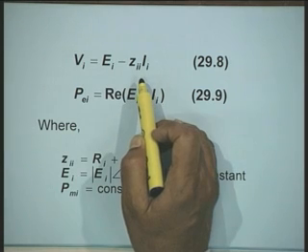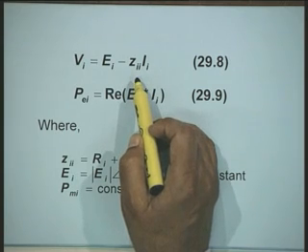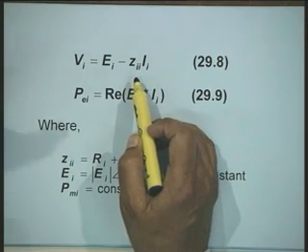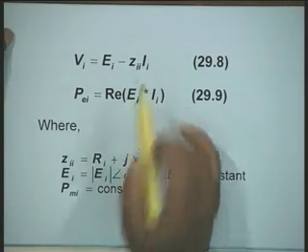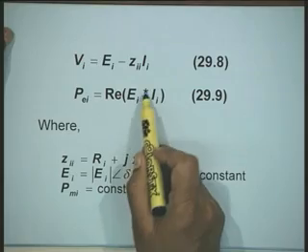That is, the terminal voltage is equal to the internal voltage minus the drop across its own impedance, Z ii. In case you neglect the resistance, then this becomes the direct axis subtransient reactance. Okay. And the power injected is the real part of E i star into I i.